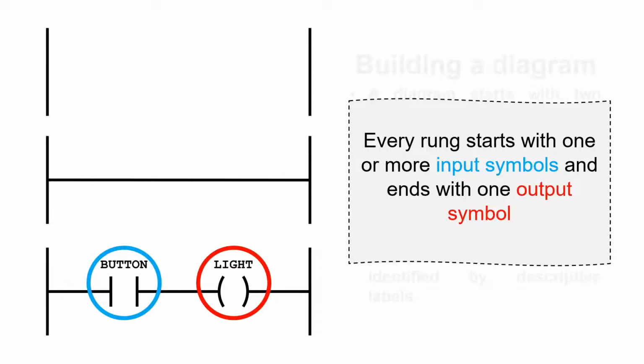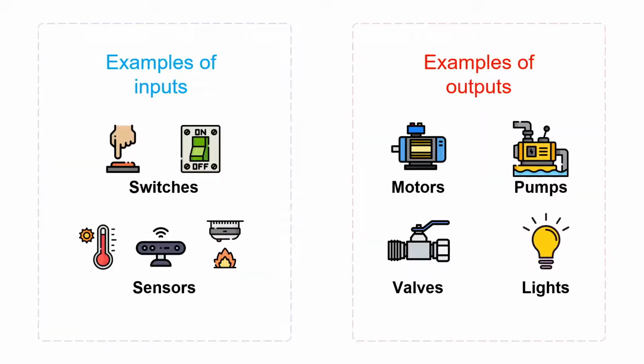By definition, every rung starts with one or more input symbols and ends with one output symbol. If you are still confused about what inputs and outputs can be, here are some examples. As inputs, we usually have buttons, switches, and sensors. As outputs, we usually have motors, buzzers, valves, lights, and many others.